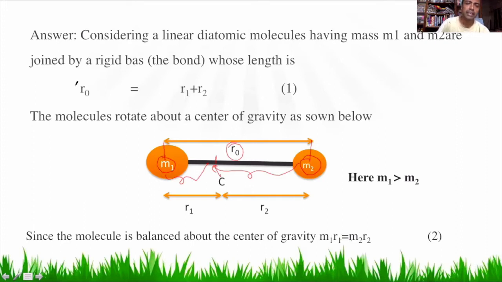So I can write r0 is equal to r1 plus r2. If the molecule rotates about the center of gravity, it will be balanced about the center of gravity, and hence m1 r1 should be equal to m2 r2. This one for the first and this one for the second, so both have to be equal since they have to be balanced out.